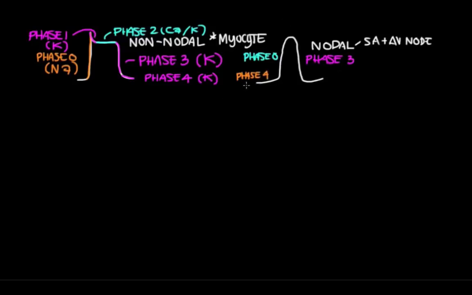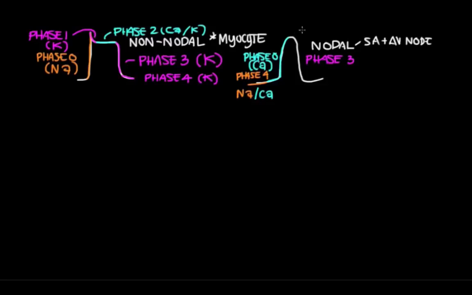So in phase 4, we have this slow rise in voltage because of open sodium channels. And at the tail end of the phase 4 period, calcium channels start opening. We hit threshold and a bunch of calcium channels open, and we get this large spike in voltage. This is phase 0, and again, this is because calcium channels are opening.